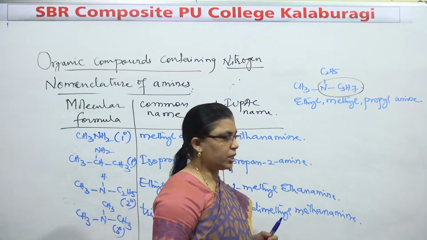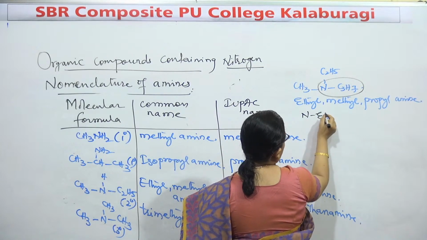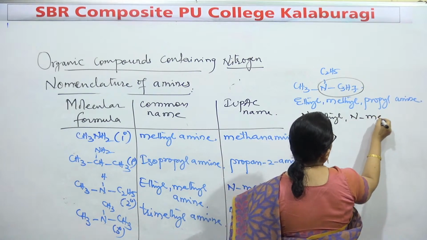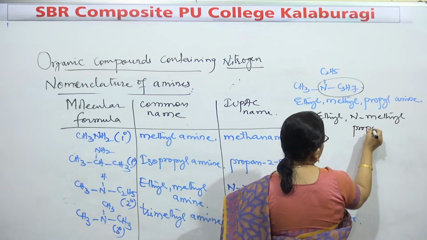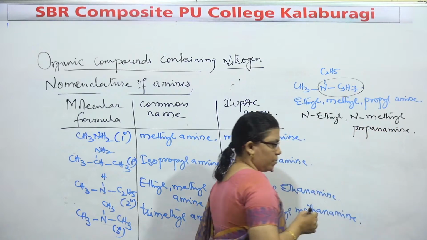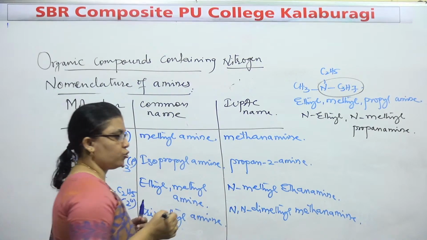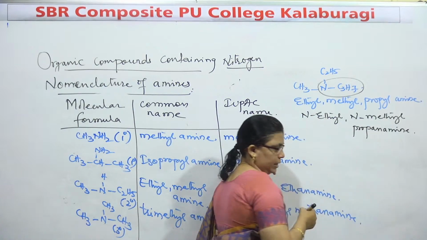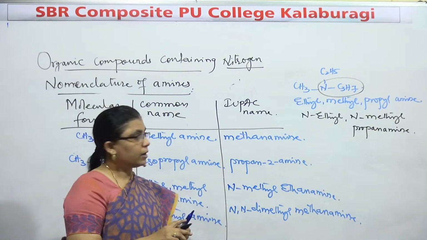The parental chain is what, children? Propanamine. We can call it N-ethyl, N-methyl propanamine. Alphabetical order we need to follow.